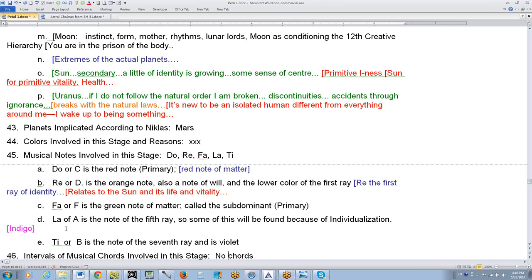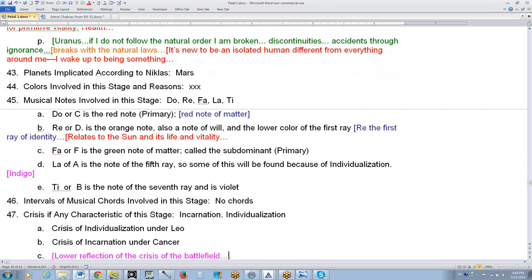Do, re, mi, fa, sol, la, that's an A, and is the note of the fifth ray. So some of this will be found because of the individualization. It's also related to the synthetic indigo. Do, re, mi, fa, sol, la, ti, and then do again, T or B. It's the note of the seventh ray, which is violet. I'm really having a bit of what we might call correlation fever here.